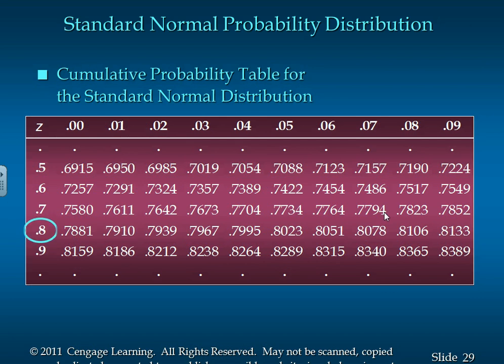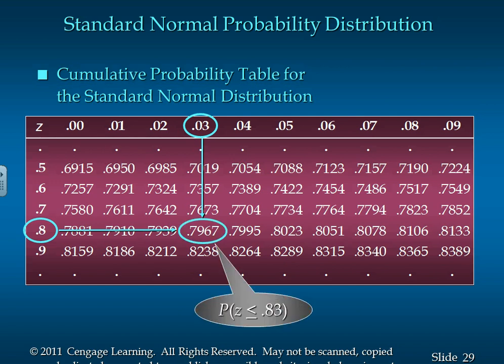Here we have a chart that tells us the area under the curve, which means I won't have to do the calculus to solve for the area. So I want a z of 0.83, so I look that up, and now that gives me that probability.